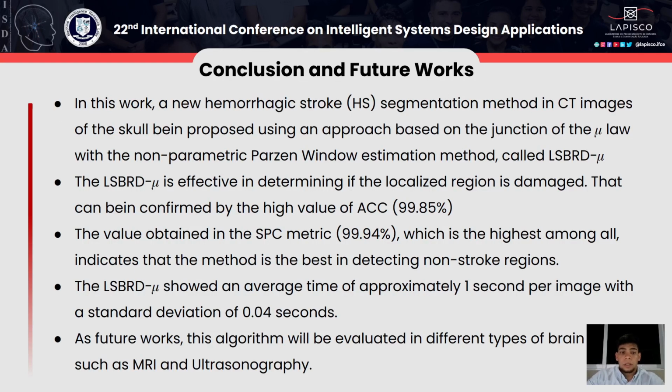Our method obtained accuracy of about 99%. That indicates that the method can predict with almost 100% certainty that the pixels obtained are indeed from the region of interest. This method shows an average time of approximately 1 second.